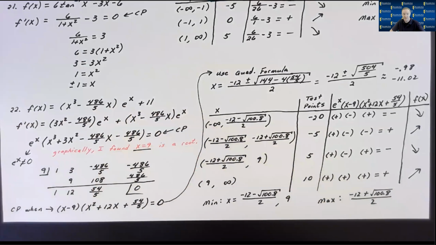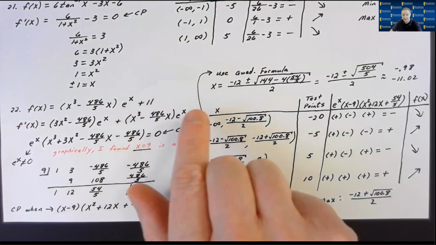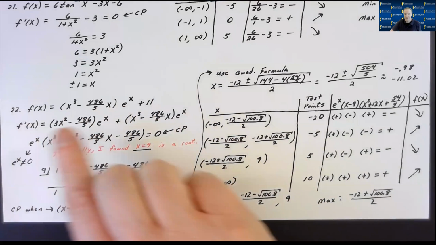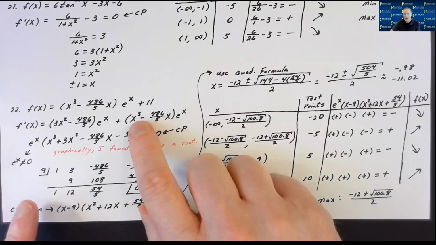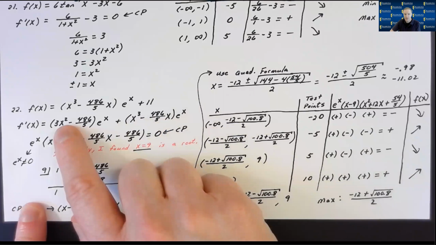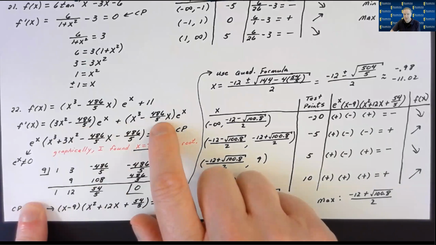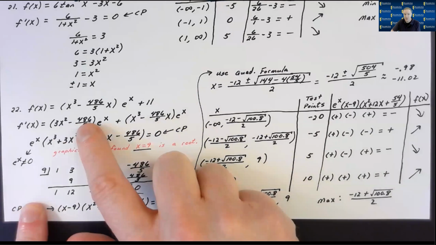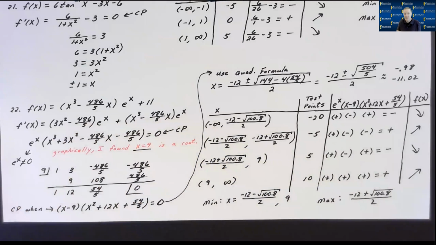I need to try to simplify that out. In the simplification, I just said, well, clearly I could factor an e to the x out of all terms. And when I do, I'll have x cubed plus 3x squared minus 486 over 5 x, and then minus 486 over 5. Now, I need to set this equal to 0 to find my critical points.